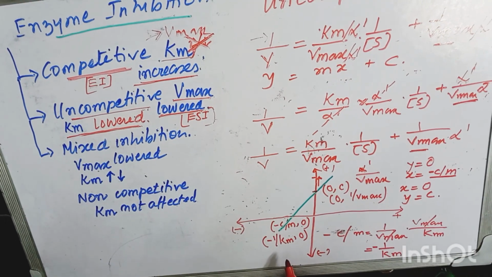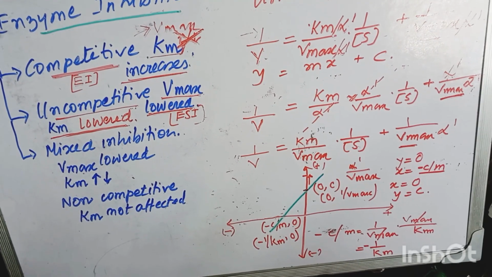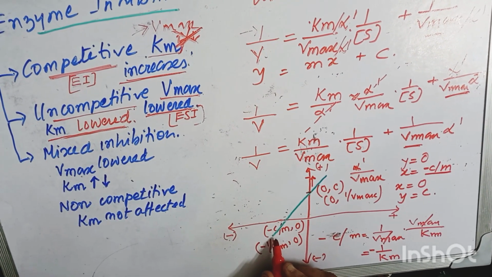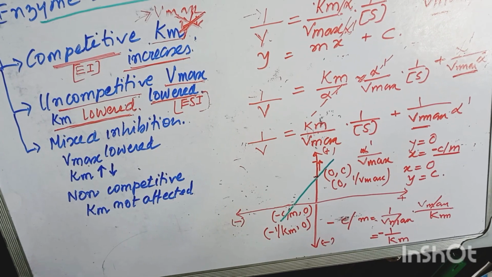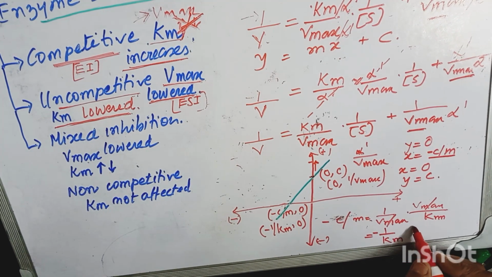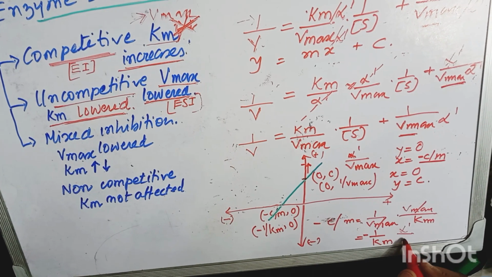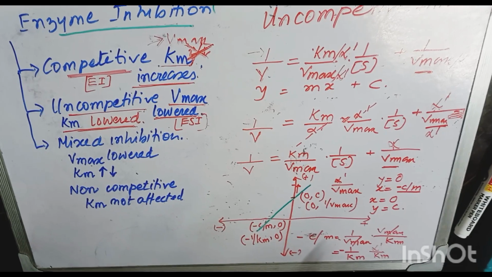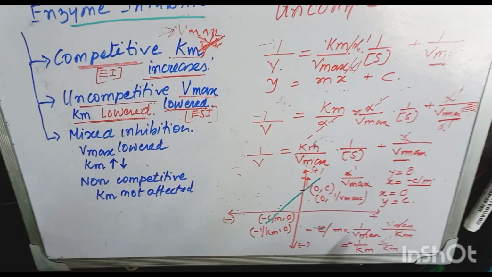Km is lowered by Km by alpha dash. So this point, minus 1 by Km, is now minus alpha dash by Km. The value is lowered, so by what value? Km is lowered by alpha dash.